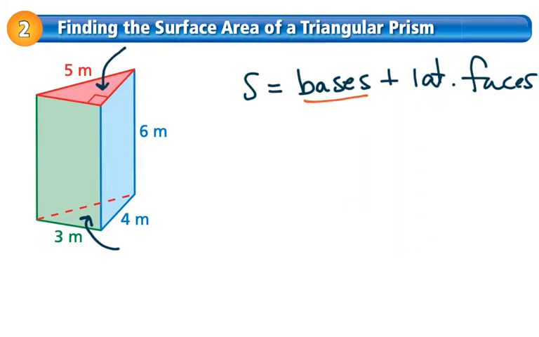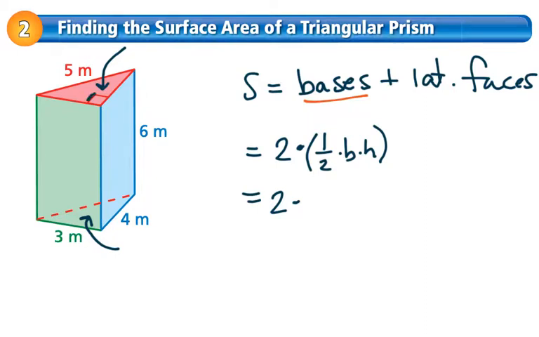Okay, here we go. So to find the area of the bases, again, we have two of those. So whatever calculation I do, I'm going to multiply by 2. But since the base is actually a triangle, remember to find the area of a triangle, we take 1/2 of the base of the triangle times the height of the triangle. Now, in this case, looking at the red triangles on our image, keep in mind that the base and the height of a triangle are perpendicular, meaning they have to meet at a right angle.